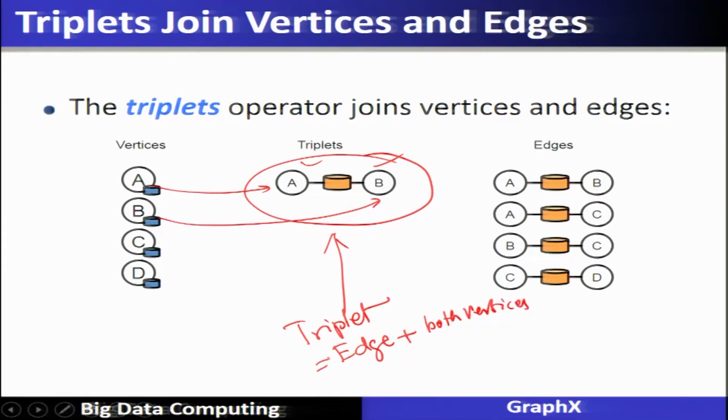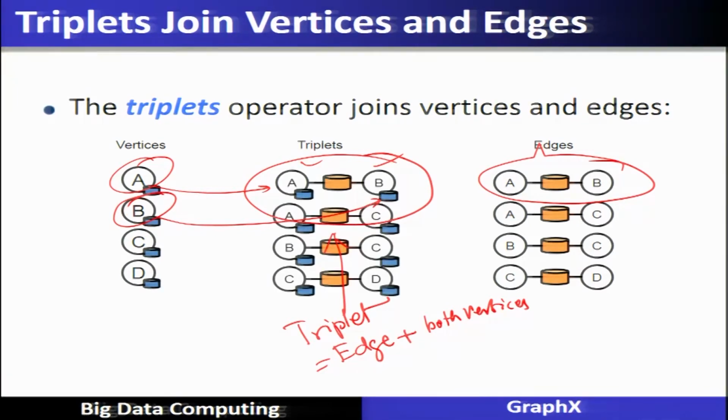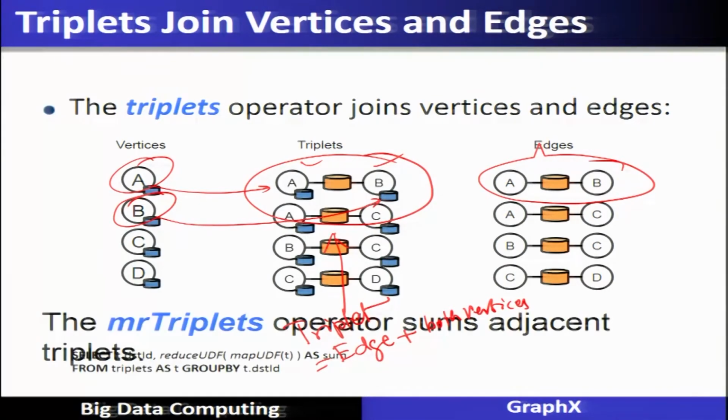We can see here that this edge will have the property of vertex A, the property of vertex B, as well as the property of the edge AB. Together all three things are called the triplet. Triplet is supported in GraphX and is very useful in building graph algorithms.